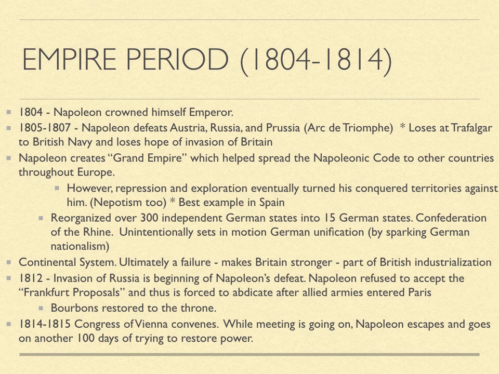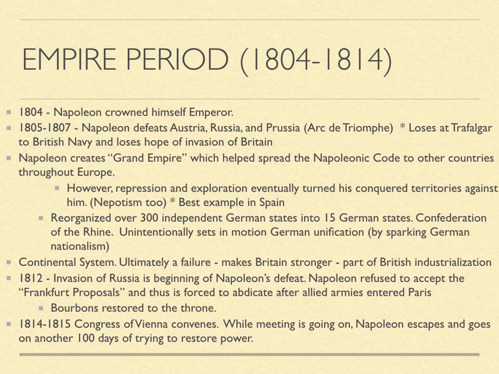Now the problem is that people start rejecting French control, and in order to repress this anti-French sentiment, he's got to become more oppressive, and so it ultimately goes against the Napoleonic Code, a lot of the governments that he puts in place.